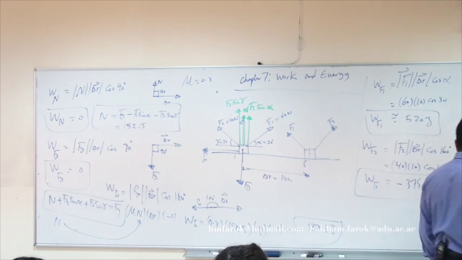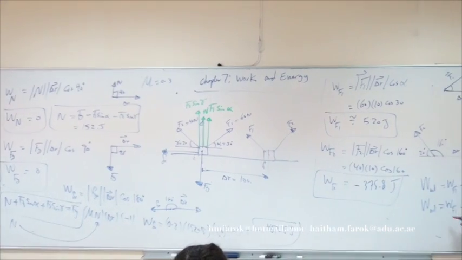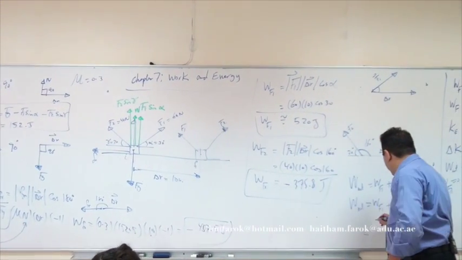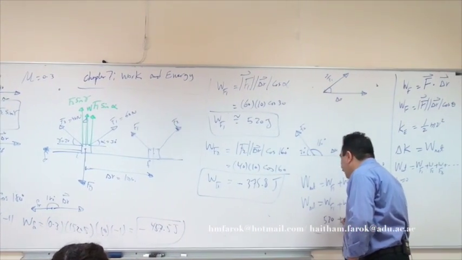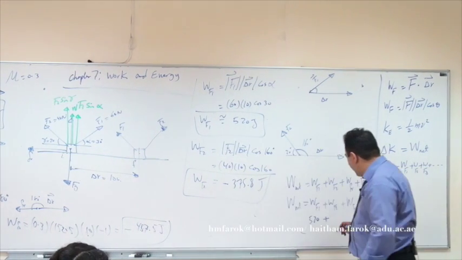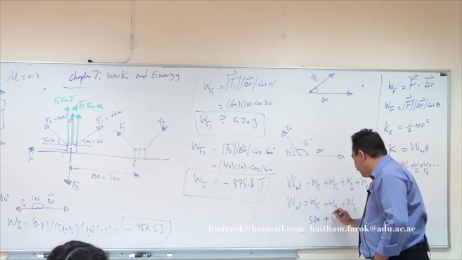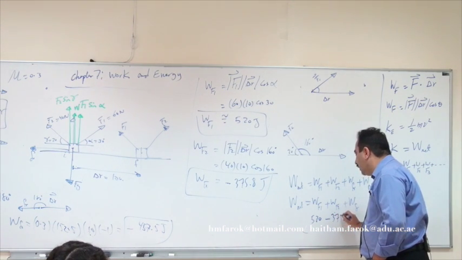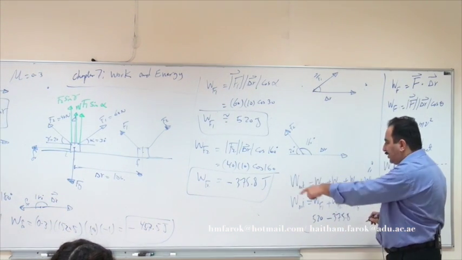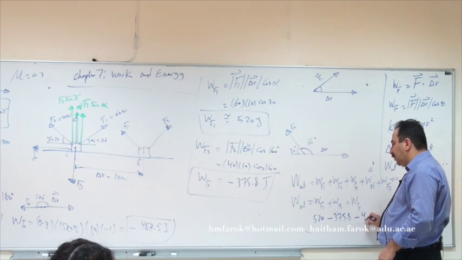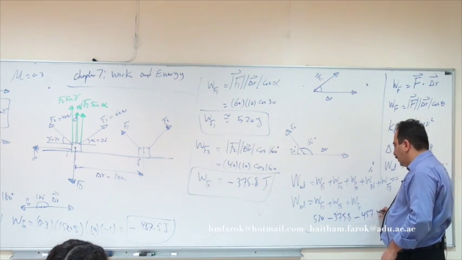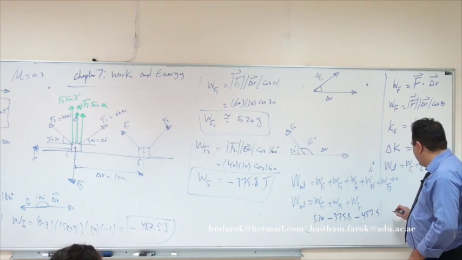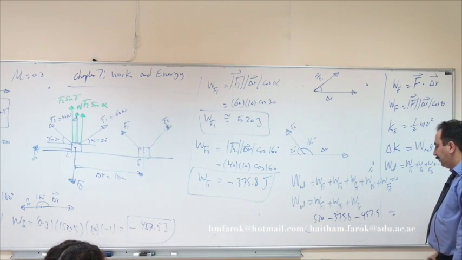Okay, what do you do now? Just substitute here. So what is WF1? 520 joules. Plus WF2 is a negative one, yeah? Minus 37.5, so I put it minus here. And friction? Minus 457.5. And this will give you the total work done, yeah?